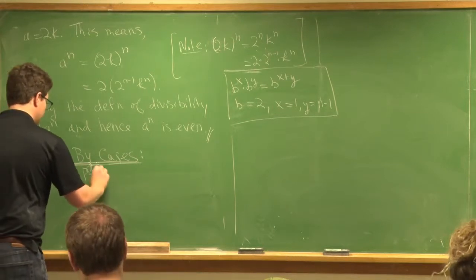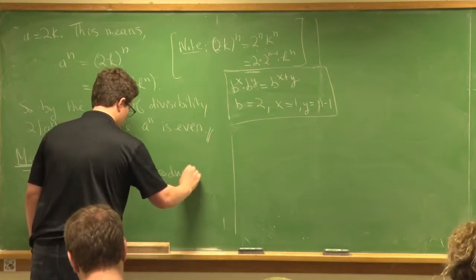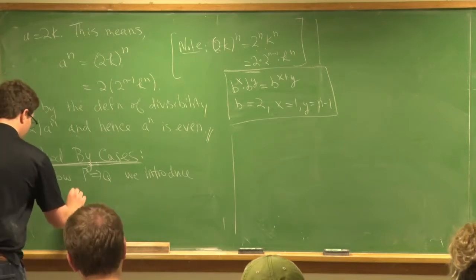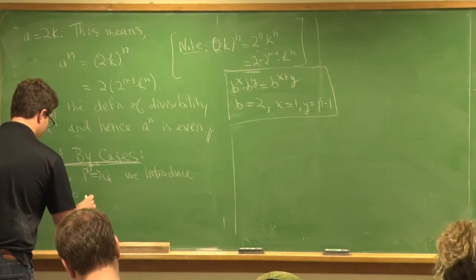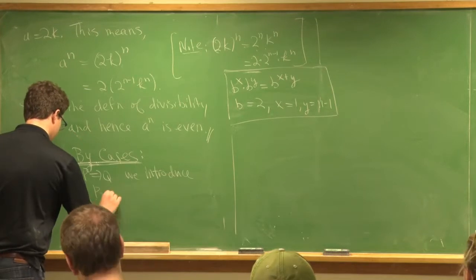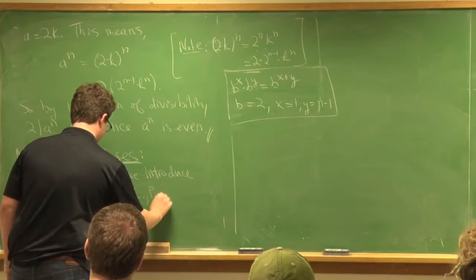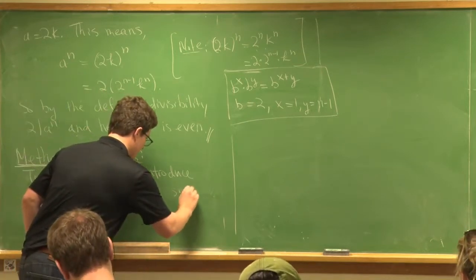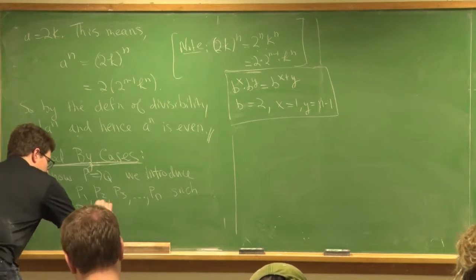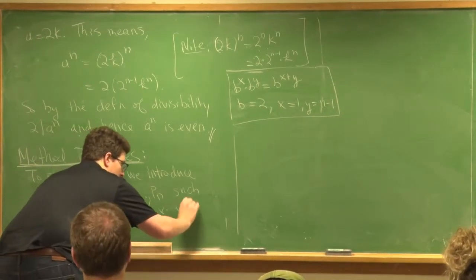So to show P implies Q, we introduce cases, so that, I don't know, cases P1, P2, P3, etc., all the way up to Pn, n some natural number, such that P is equal to P1 or P2 or P3 or all the way up to Pn.